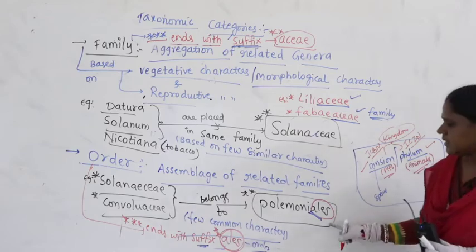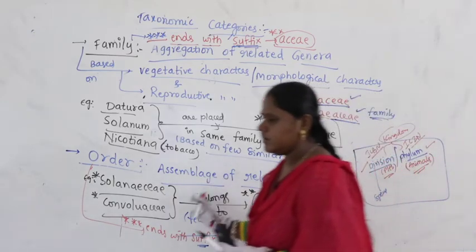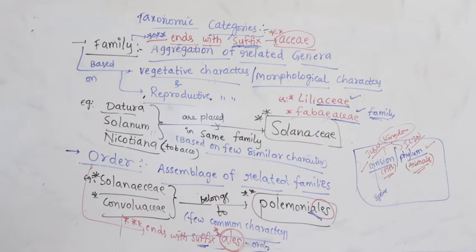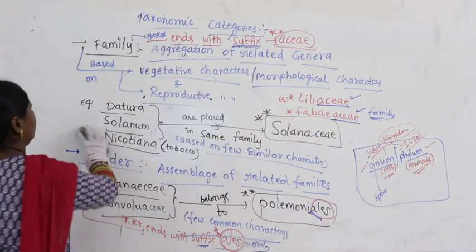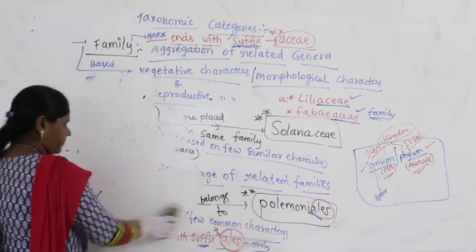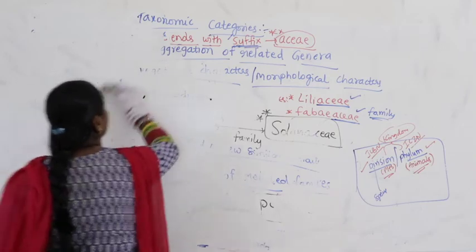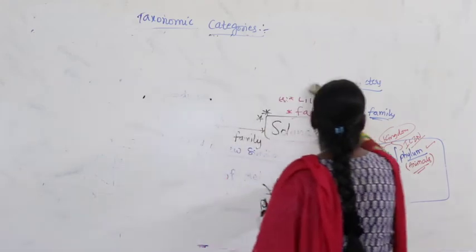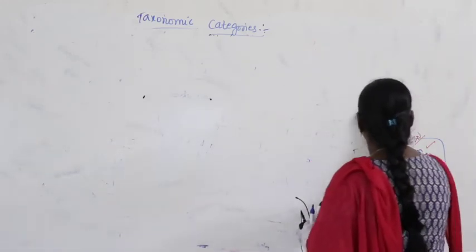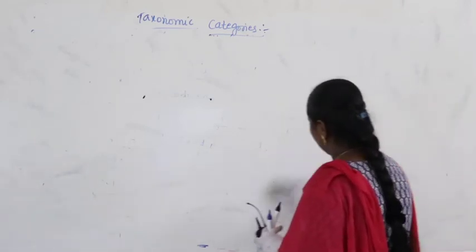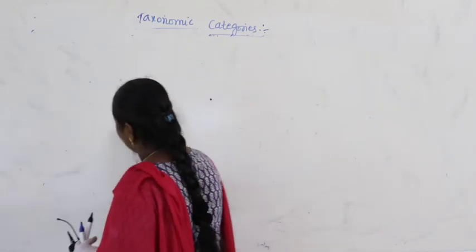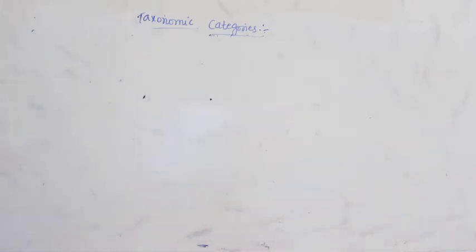Similarly, Hominidae, with the suffix Idae, is an end suffix for animals, not for plants. Then let us continue further.